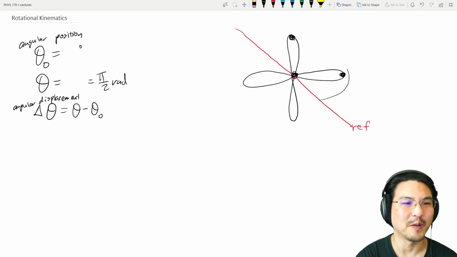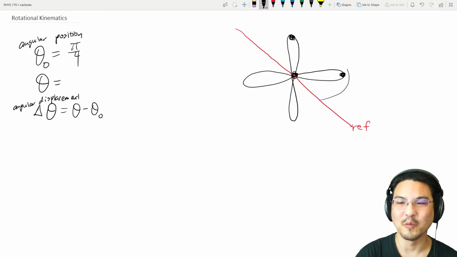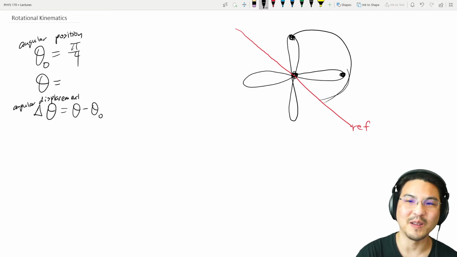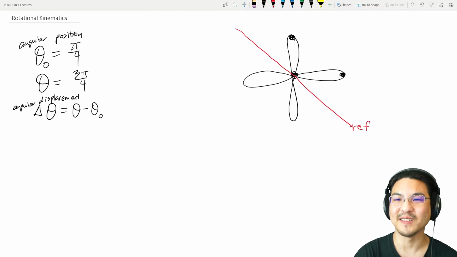So let's say pi over 4. And then now, when it rotates over here, now the angular position is 3 pi over 4. Right? So the values depend on where the reference is. Just like for gravitational potential energy, where you choose the datum.